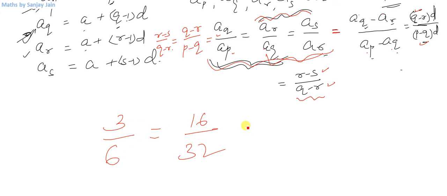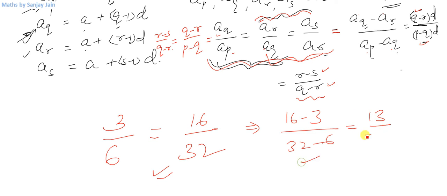So can I say that (16 minus 3) by (32 minus 6) will also be equal to these ratios? Let us check. This is 13, this is 26, so yes, it is also equal to these ratios. So if two ratios are equal, then the difference of their numerators divided by the difference of their denominators will also give me the same ratio. This is the property that I've used here.